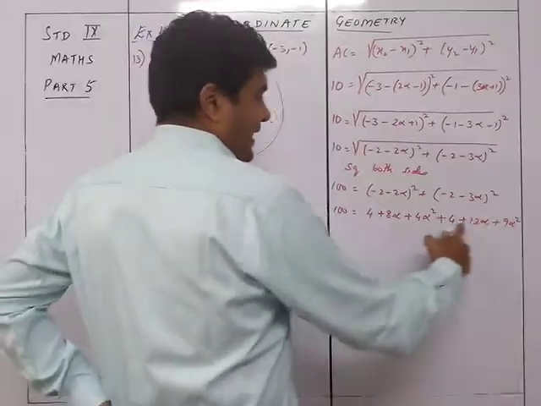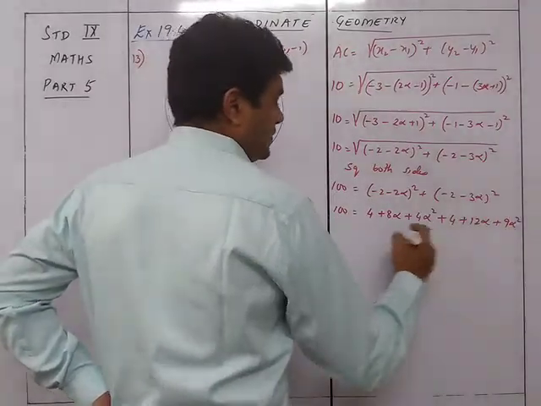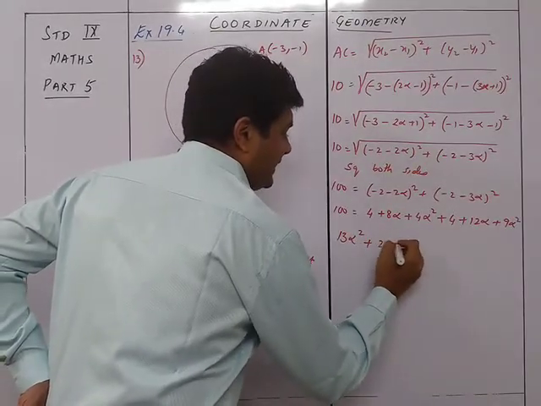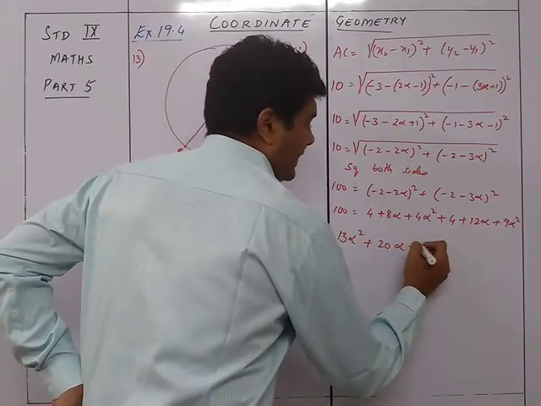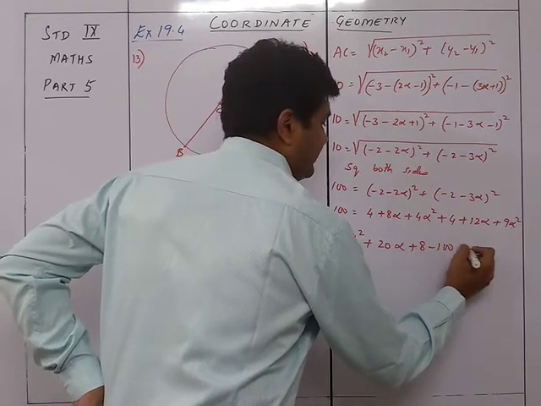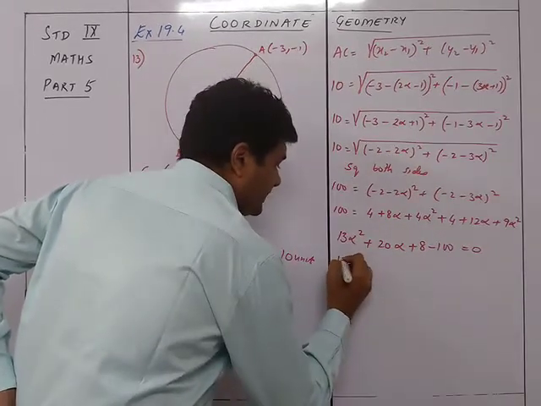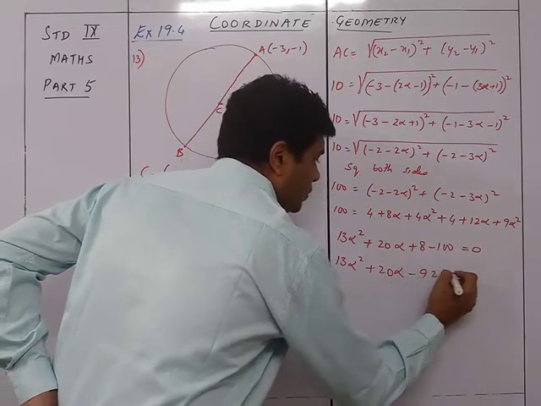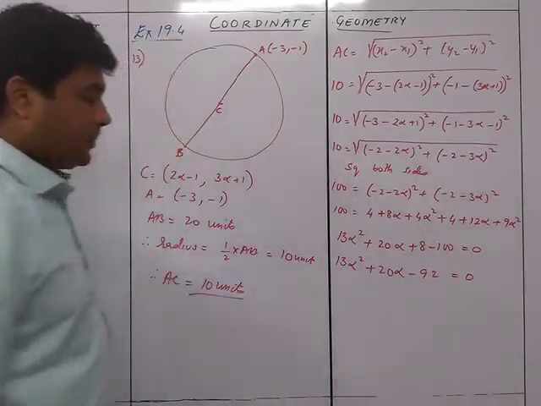So this gives you 9 plus 4 is 13 alpha square plus 12 alpha plus 8 alpha, which is 20 alpha, plus 8 minus 100 is equal to 0. So 13 alpha square plus 20 alpha minus 92 is equal to 0.